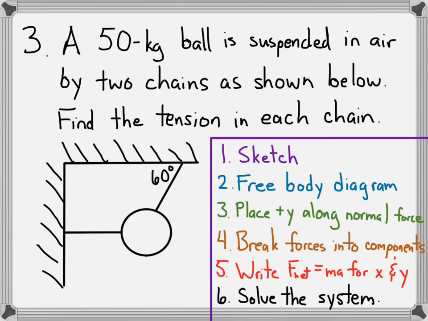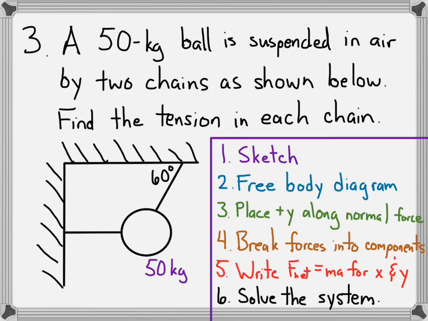Find the tension in each chain. Now, as I read through this a second time, I'm going to write down the important information in my sketch. Well, first of all, right away, I notice that we are dealing with a 50-kilogram ball. So let's write 50 kilograms next to that ball. And it says it is suspended in air by two chains as shown below.